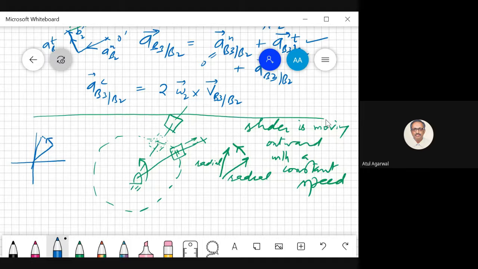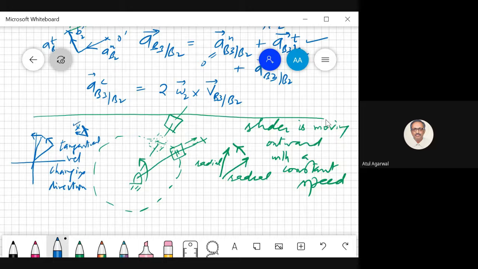Velocity is like this. Next time, velocity is like this. So what is this change? Your tangential velocity is changing direction. There is no radial velocity when the particle is moving in a circle.